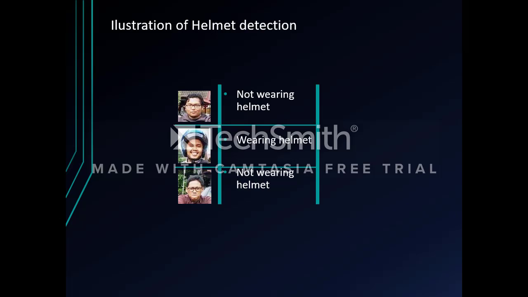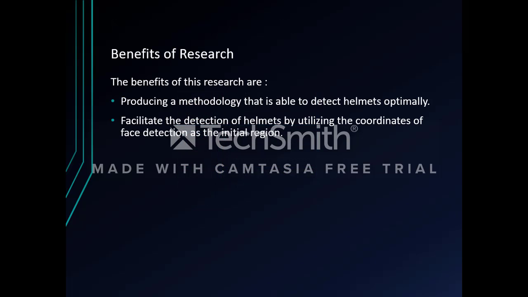The benefit of this research is producing a methodology able to detect helmets optimally, because we combine one method with another, and to facilitate helmet detection by utilizing the coordinates of face detection as the initial region.